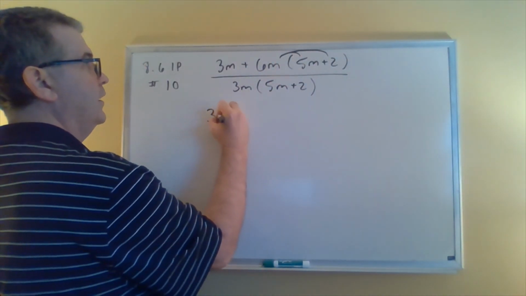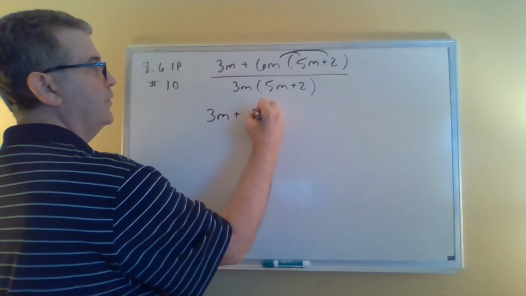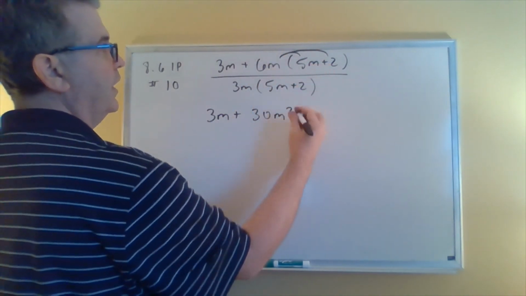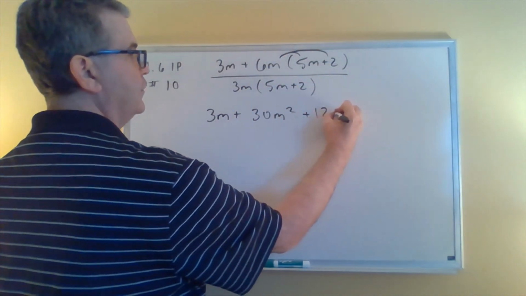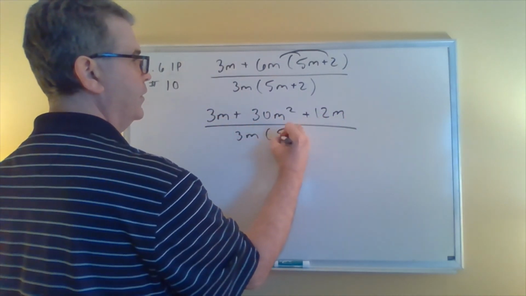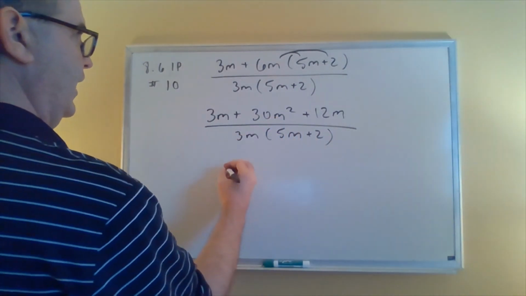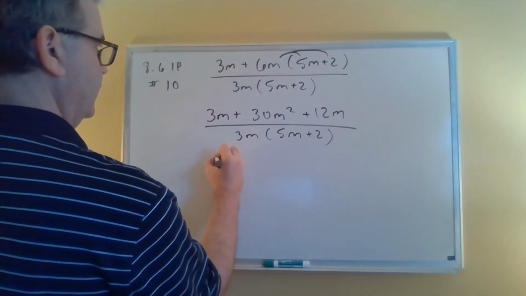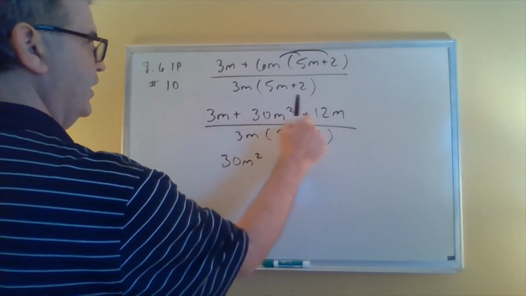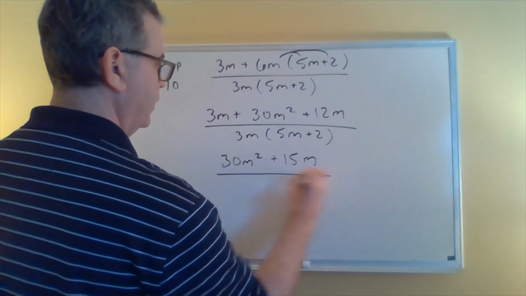So I have 3m plus 6m times 5m is 30m squared, and 6m times 2 is 12m. That is over 3m times 5m plus 2. Combine like terms up top, I will get 30m squared and 3m plus 12m, that is 15m.